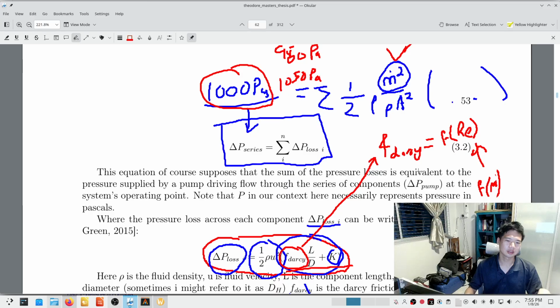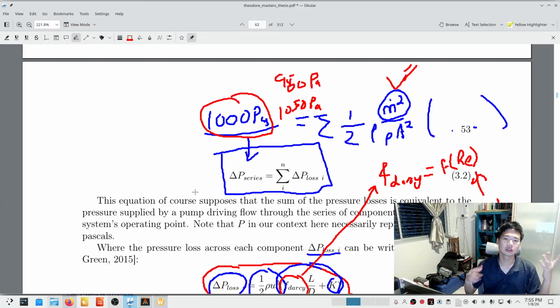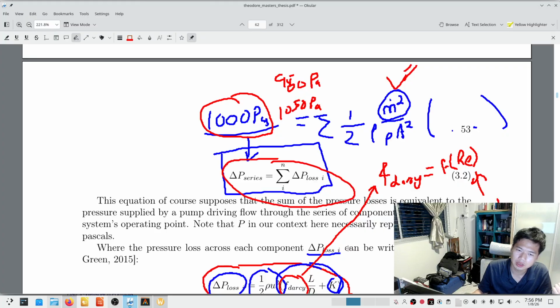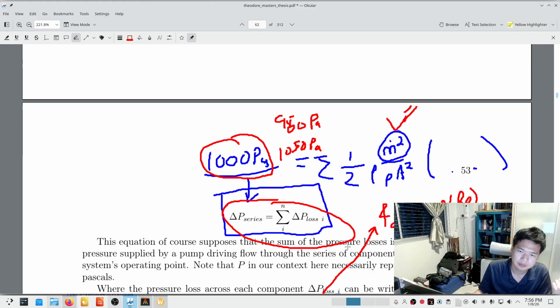It's not a simple function, it's not linear. So the only way to effectively solve this is to use this iterative approach, which allows me to solve the pressure drop equation within a series of components.